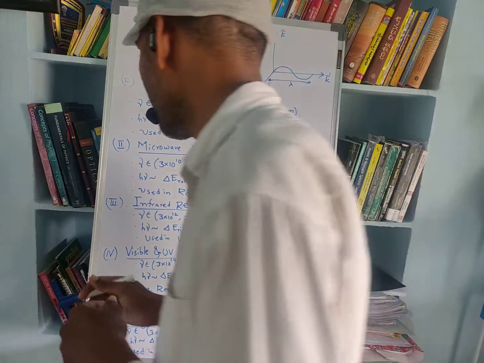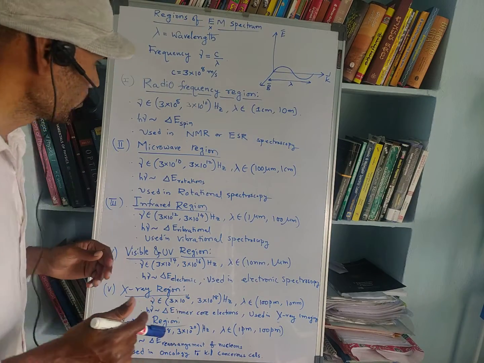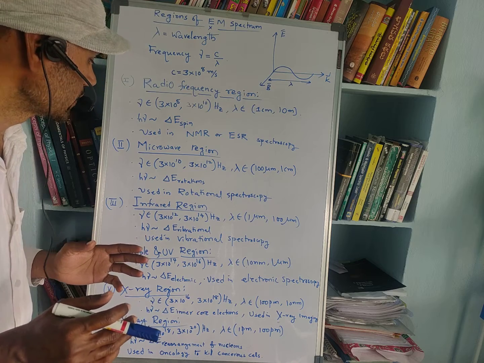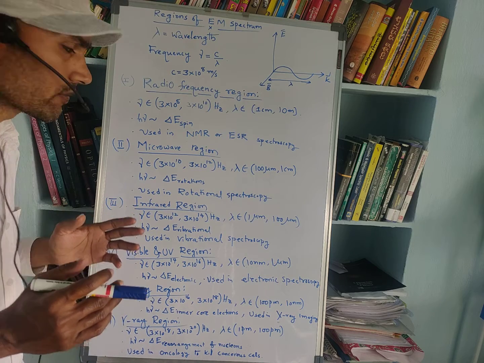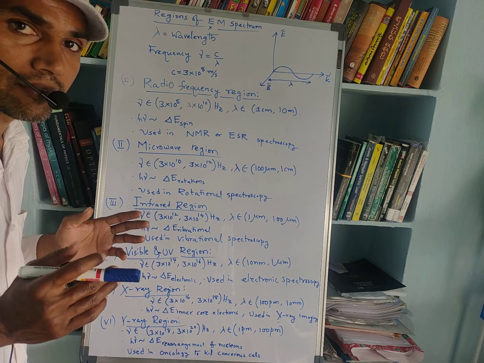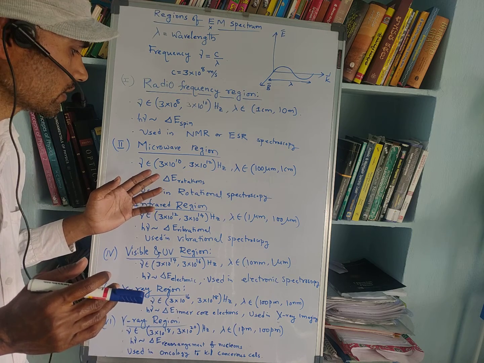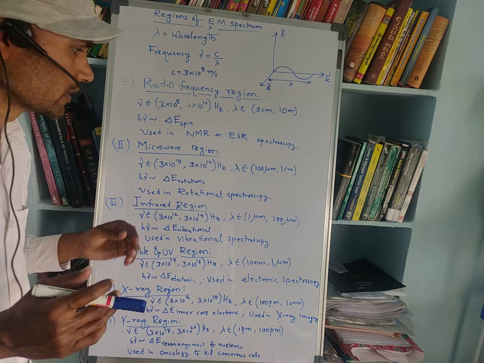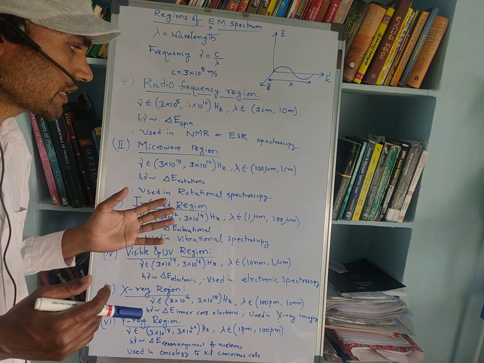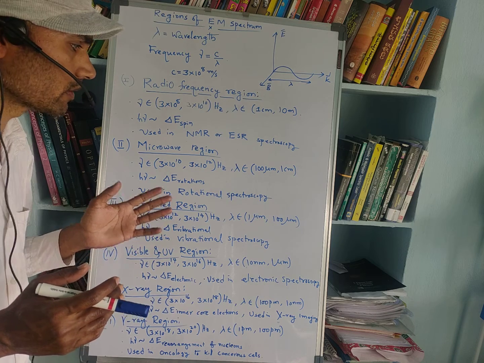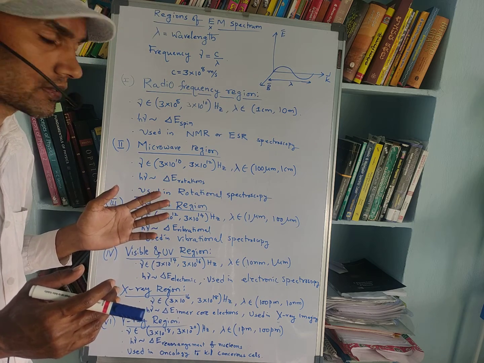And the second region is the microwave region of the electromagnetic spectrum. In this the frequency of the electromagnetic waves will be between 3 into 10 power 10 hertz and 3 into 10 power 12 hertz. And the wavelength will be between 100 micrometers and 1 centimeter.